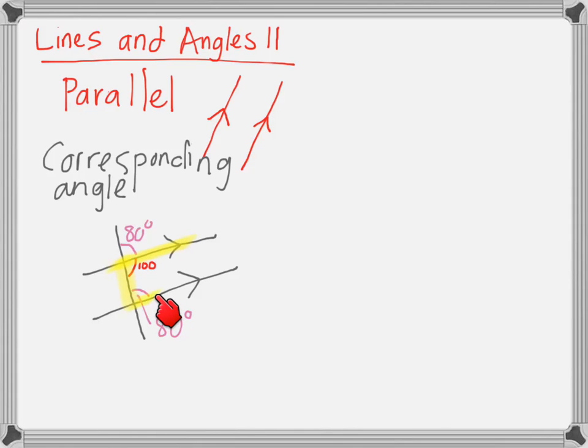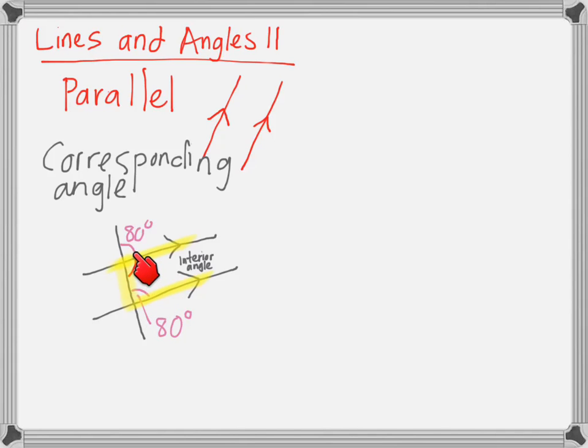If this is a parallel line and this is a parallel line, the angles inside the two parallel lines we call interior angles. Let me write the name over here: interior angle.